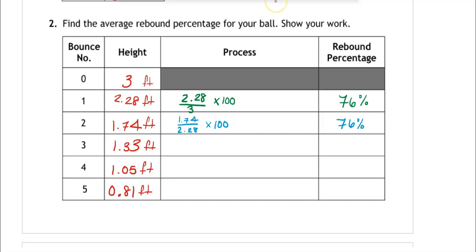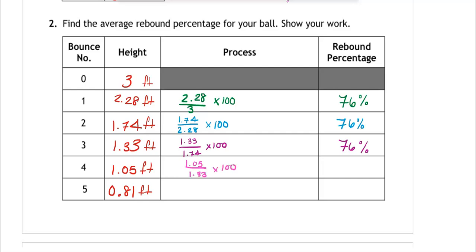Okay. Then I'm going to do 1.33 divided by 1.74 times 100. I'm taking the 1.33 and dividing by the term previous. And that would also get me 76%. Okay, so then I've got this next one, 1.05 divided by 1.33 times 100.